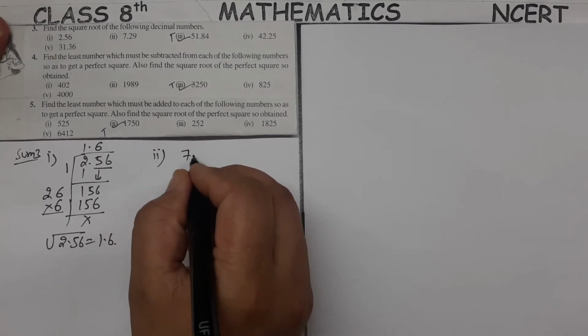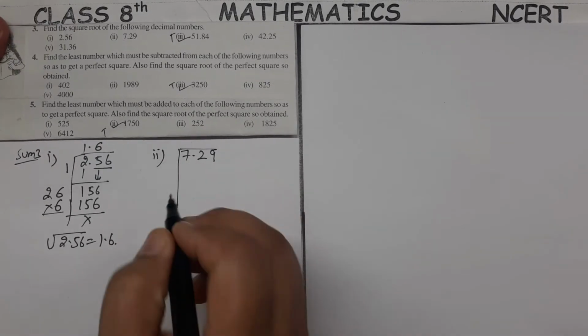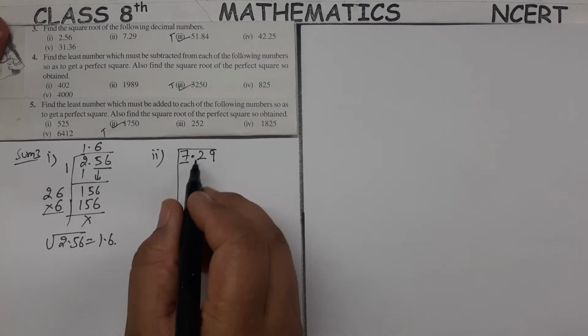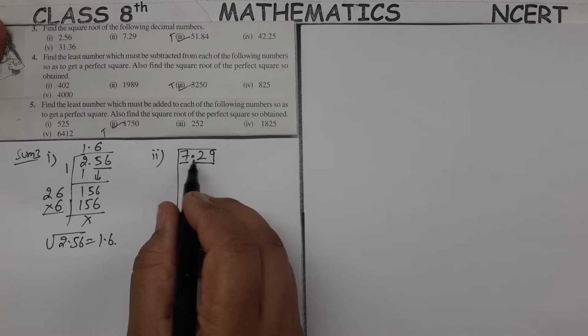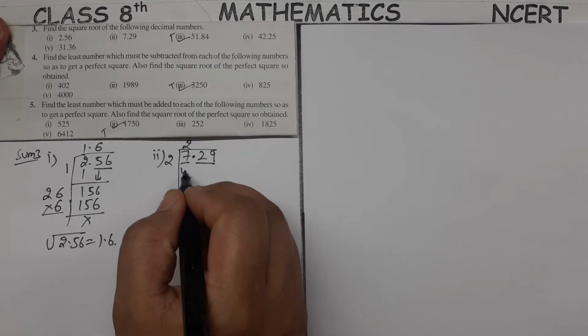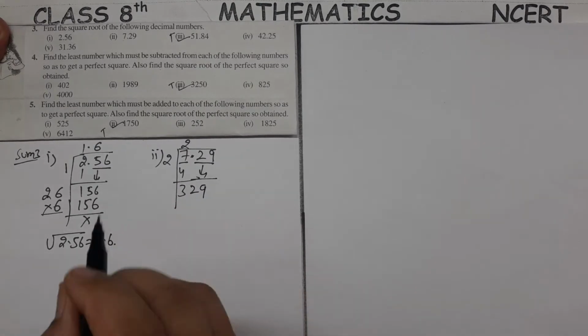Next, part second, 7.29. Before the decimal make pairs from here, after the decimal we start from the decimal. Now write here 2; 2 twos are 4. Subtract: 3. Pair 29.